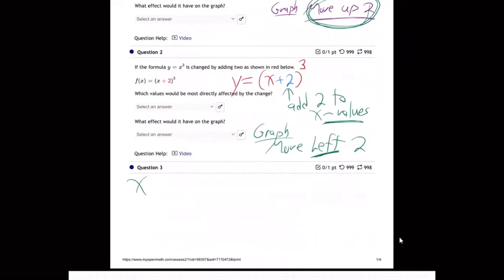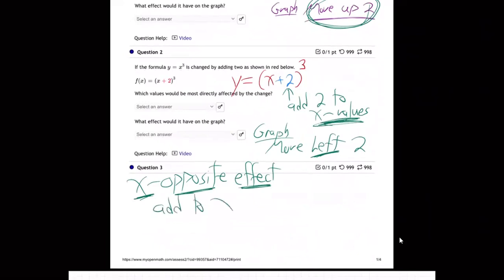But x has the opposite, and I'm going to give you a reason why, but let me first say the fact. X has the opposite effect. When you add to the x values or subtract, it always has the opposite effect. Adding to x is actually left.